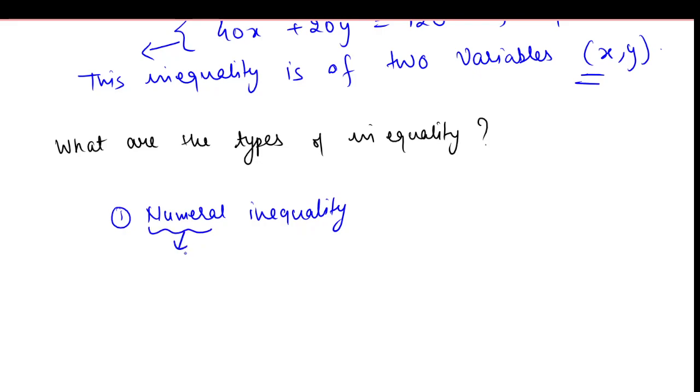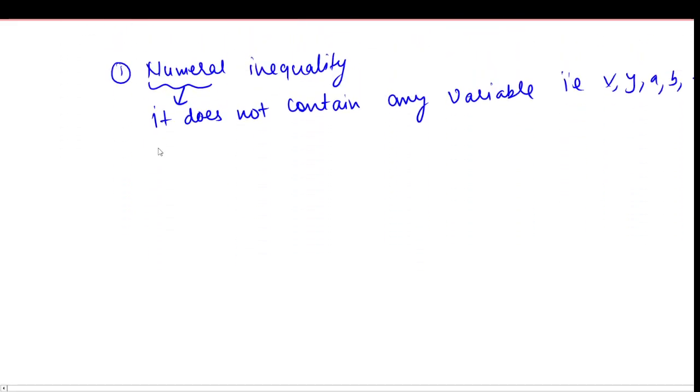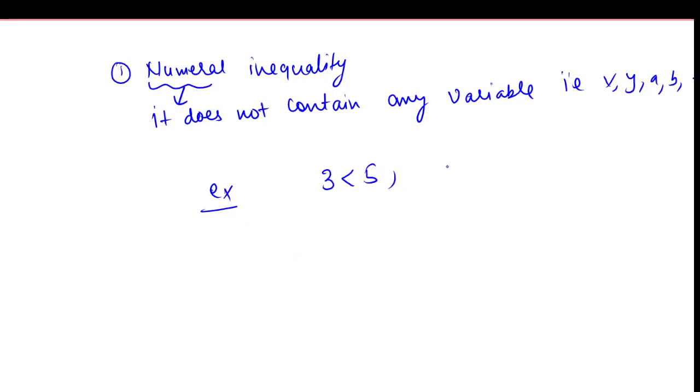Because it does not contain any variable, that is x, y, a, b, etc. So examples of numeral inequality are 3 is less than 5, 7 is greater than 5. So there are only numbers in decimal form.